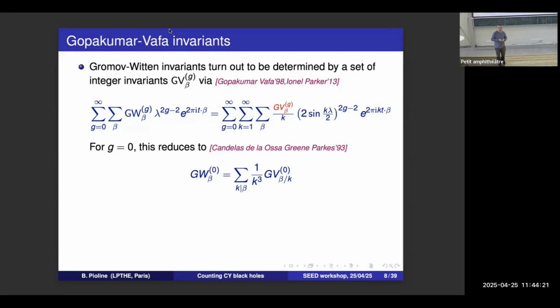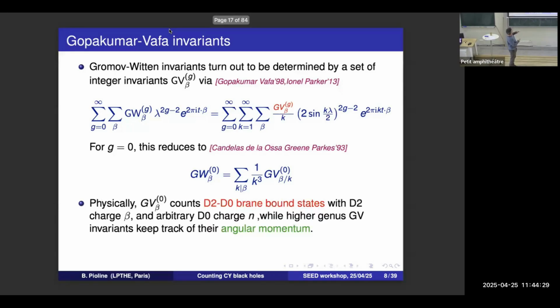Yeah. So the claim is that the correct counting for physics purposes, if you want to count these bound states of D2 and D0 branes, where the D2 brane wraps this class beta, is given by these Gopakumar-Vafa invariants at genus zero. And the higher genus ones actually compute something which is part of the angular momentum of these states.